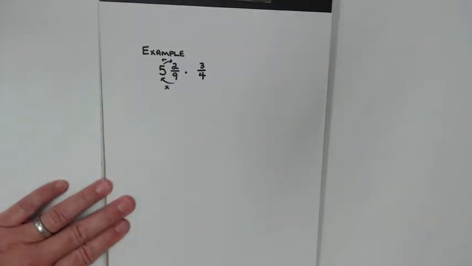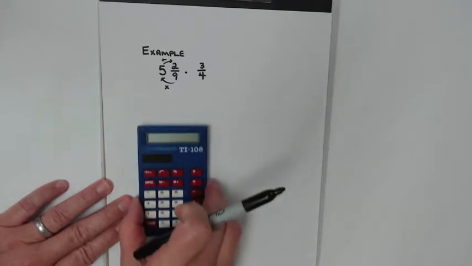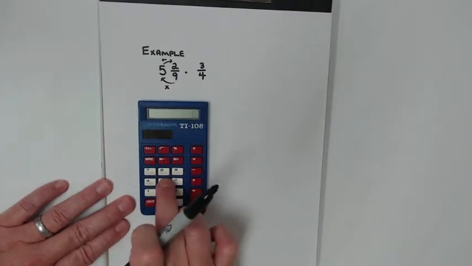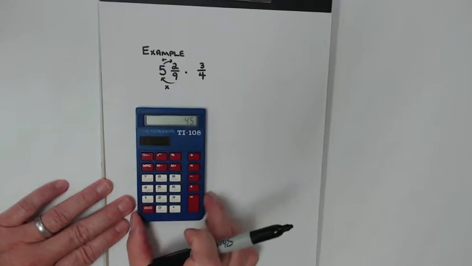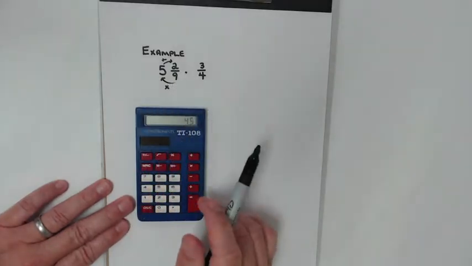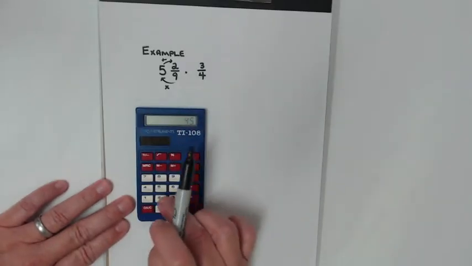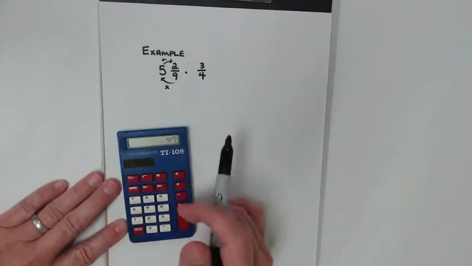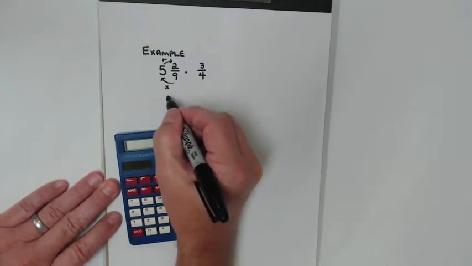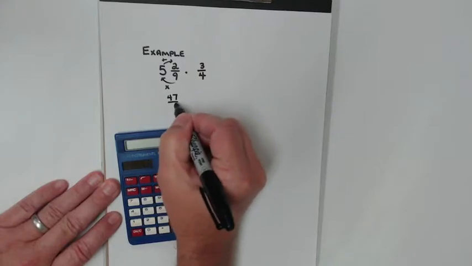So 5 times 9 is 45, add 2, I get 47. This changes to 47/9.